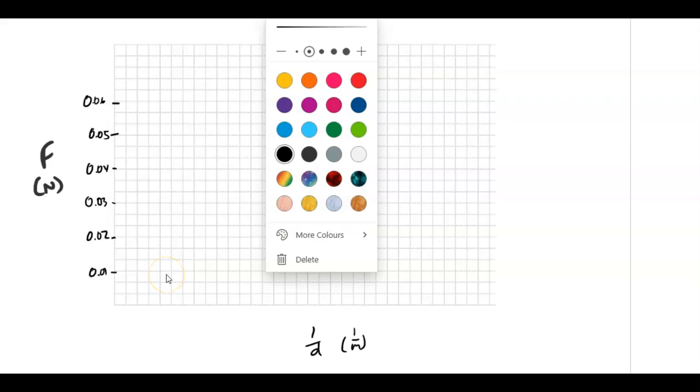It's only going up to 0.2, so we're going to pick, let's say, 20 squares. 1, 2, 3, 4, 5, 7, 8, 9, 10, 11, 12, 13, 14.